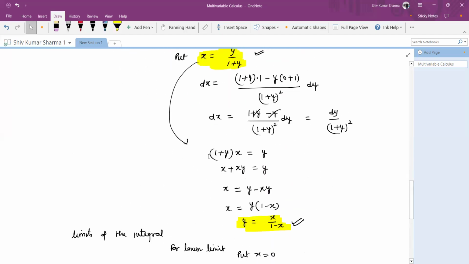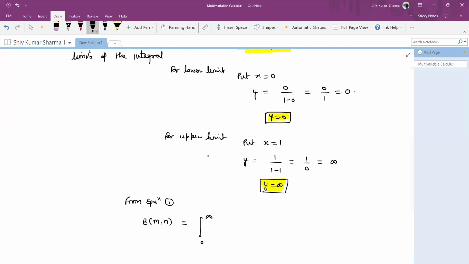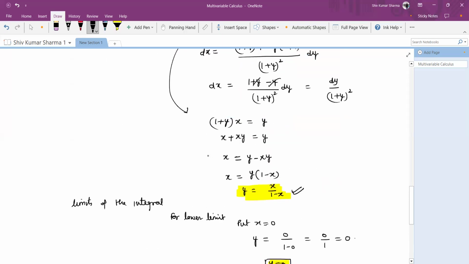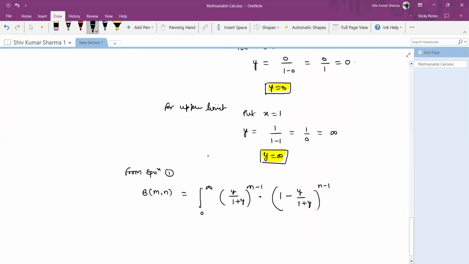The value of x is y upon 1 plus y, raised to the power m minus 1. The second function is 1 minus x, so 1 minus y upon 1 plus y, raised to the power n minus 1. And the last term is dx.